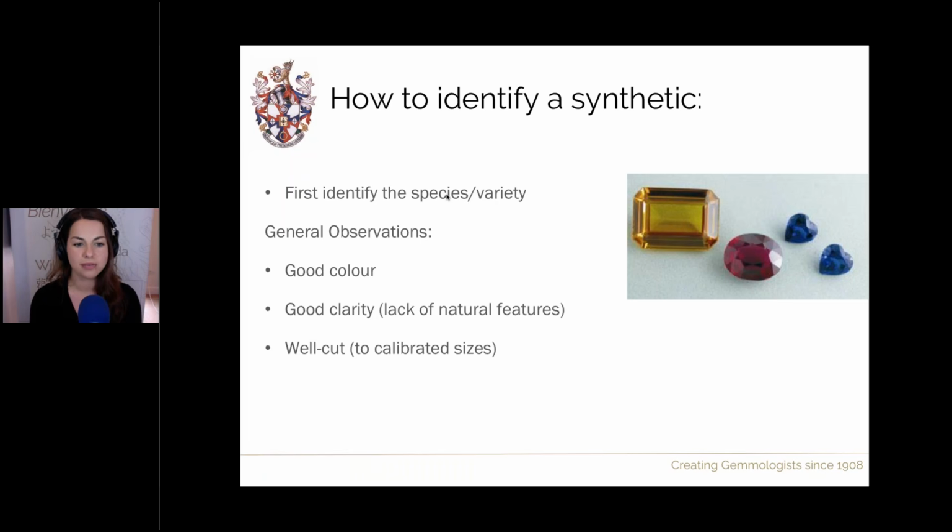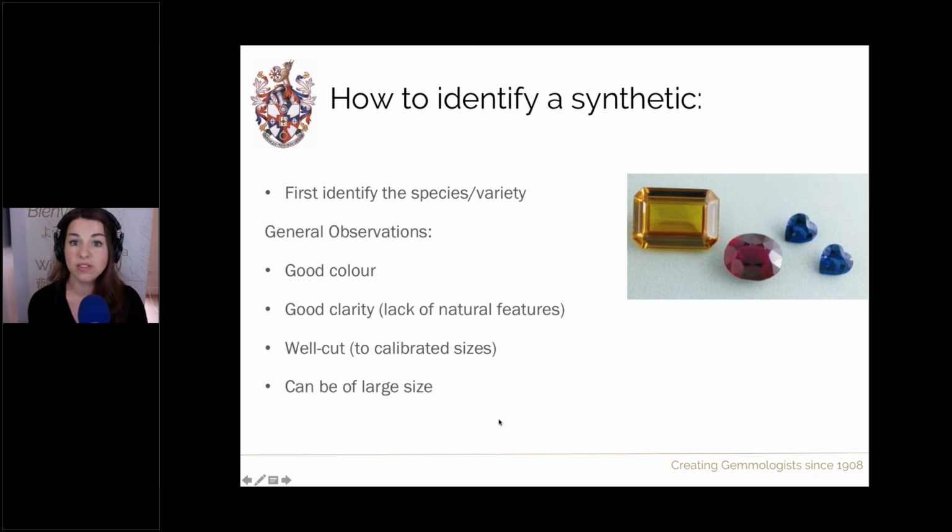By well cut, I mean very symmetrical shapes, very neat angles, and often calibrated sizes. When we talk about calibrated sizes, I mean sizes that are suitable for mass-produced jewellery, for example 5 by 7 millimeters or 6 by 8 millimeters, ones that can be made in mass and then put into mass-produced mounts very quickly.